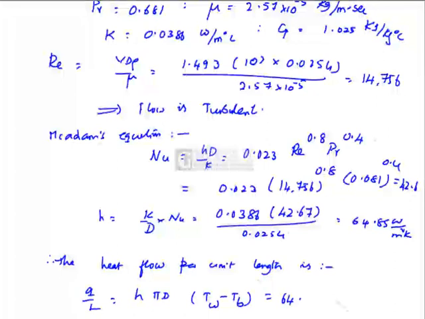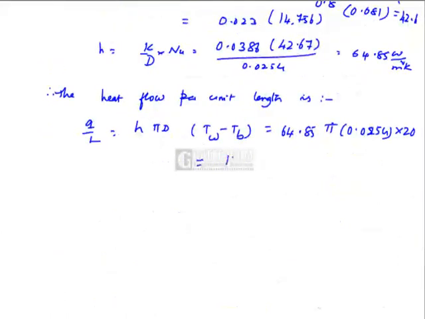That is 64.85 into pi into 0.0254 into 20 degrees centigrade. It is given in the problem that the wall temperature is 20 degrees centigrade above the air all along the length. So Q by L comes to 103.5 watts per meter. This is the rate of heat transfer per unit length of the pipe.